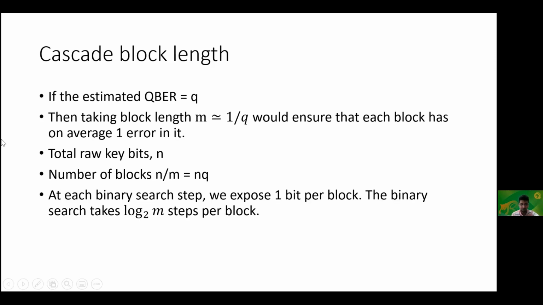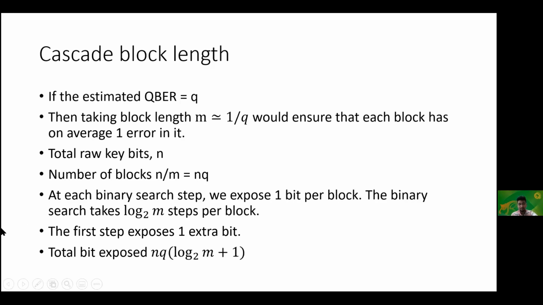So this is how you compute the total number of blocks. If m is the block size, n is the total number of raw key or secret key bits here, then n times q becomes the number of blocks. So in the binary search, you need log 2 of m steps, because m is the block size and each time you are halving it, so you need log base 2 steps, and at each step you are exposing the XOR of your block, so you are actually exposing 1 bit of information.